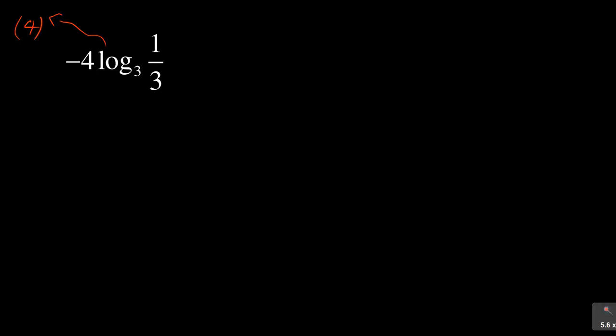Now again, everything is based on the laws of logarithms. There is a law that we're going to apply. In this case, remember, I said these laws work in both directions.